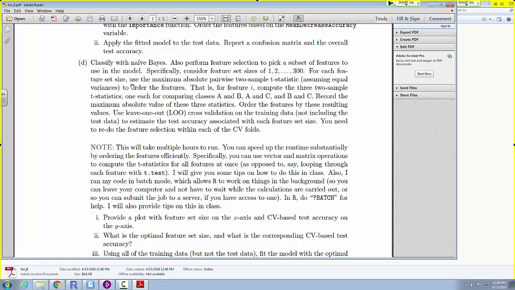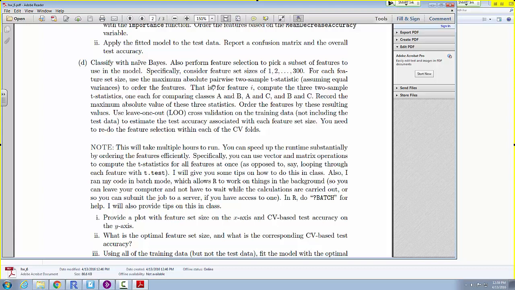I have three groups, and I want to compare the mean of feature I between the three groups. That's an ANOVA problem. ANOVA is driven by an F statistic. You compute this F statistic that's a measure of the variation between the groups compared to the variation within the groups. We could compute that. I'm asking you to compute something similar.